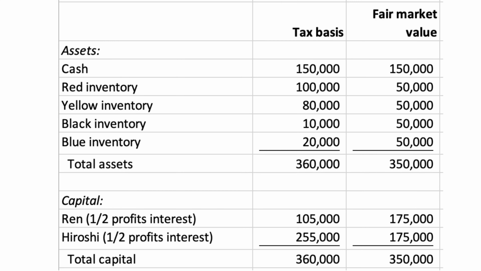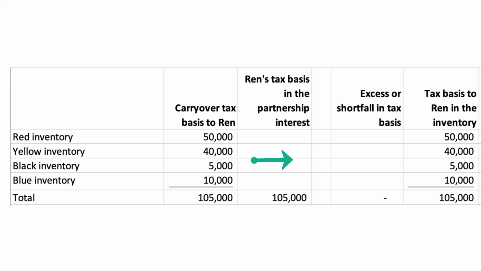Wren's total tax basis in his 1/2 share of distributed inventory is equal to his total tax basis in the partnership interest, $105,000. His 50% share of each type of inventory can continue with the same tax basis it had within the partnership.